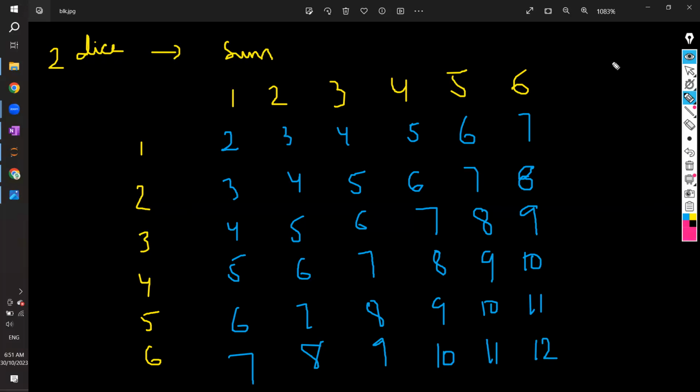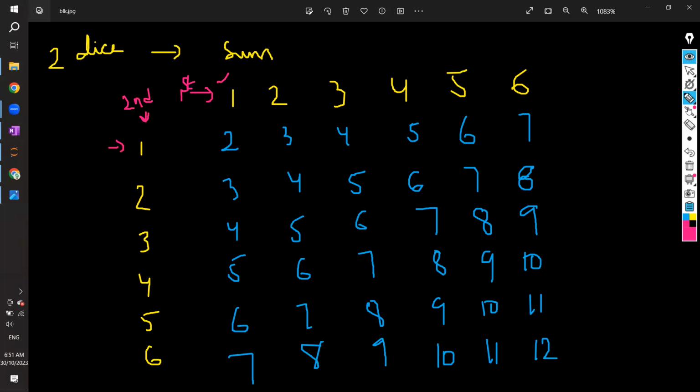Sum, guys, are you understanding the sum? That means if I roll the first dice and I get one, and I roll the second dice and I also get one, what is the sum, guys?